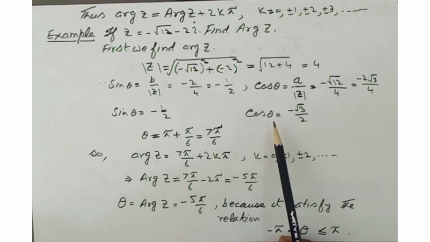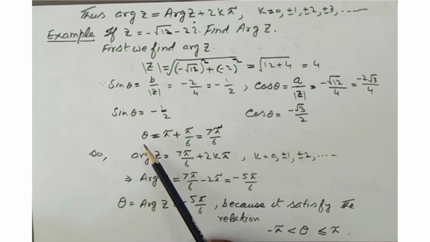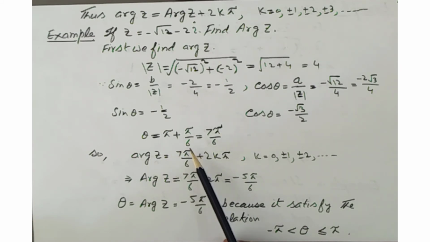The angle satisfying these values of sin theta and cos theta is theta equals pi plus pi by 6, this becomes 7 pi by 6. So argument of z equals 7 pi by 6 plus 2k pi for k equal to 0, plus minus 1, plus minus 2 and so on.